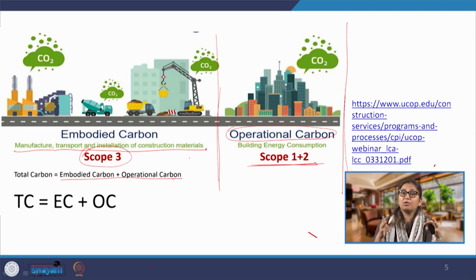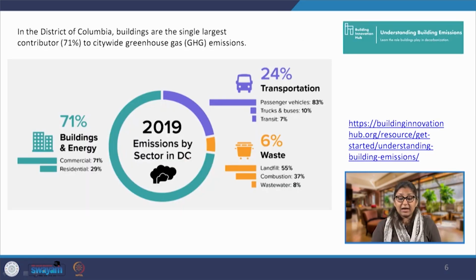So, this is where all the emissions are going to take place from the building value chain, the entire life cycle of the building. If we look at certain examples, in this case we are looking at District of Columbia. Buildings are the single largest contributor, which is 71% to the citywide greenhouse gas emissions.